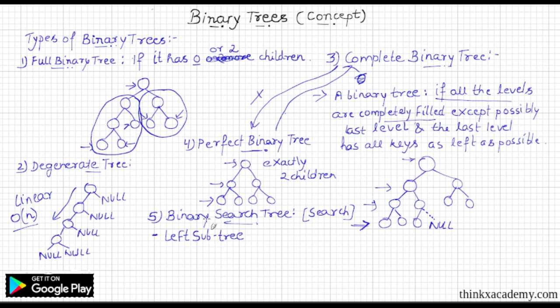So in any binary tree, if the left subtree has values, or you can say the keys, of the left subtree that are less than the node's key, this is the first rule of a binary search tree.